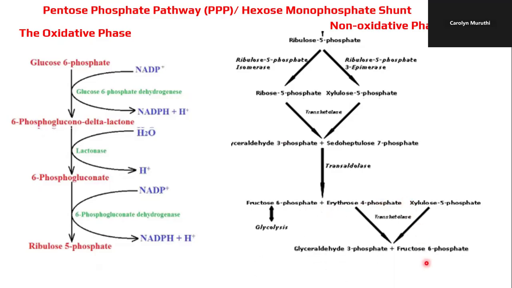Another transketolase reaction transfers 2 carbons from a second xylulose 5-phosphate to erythrose 4-phosphate, forming another fructose 6-phosphate and glyceraldehyde 3-phosphate, which are intermediates that can re-enter glycolysis.